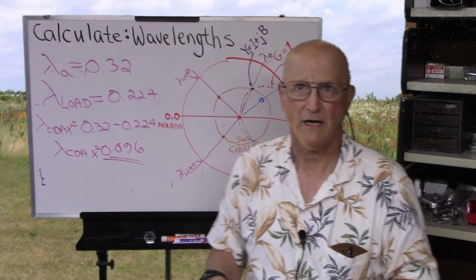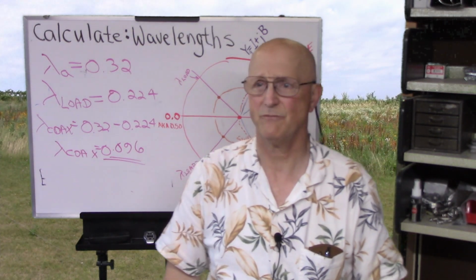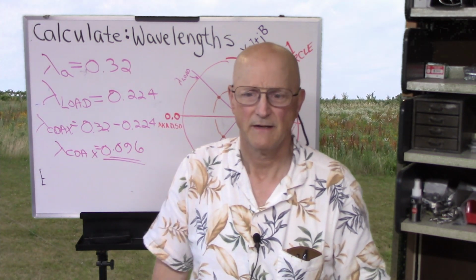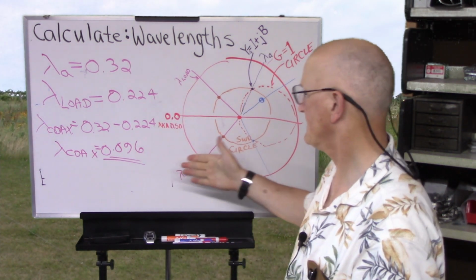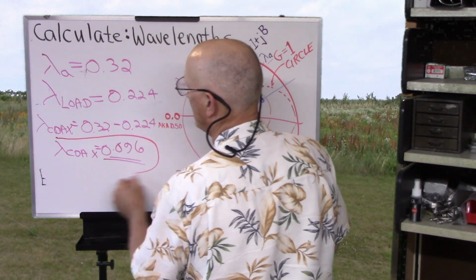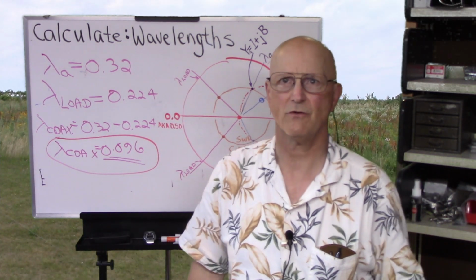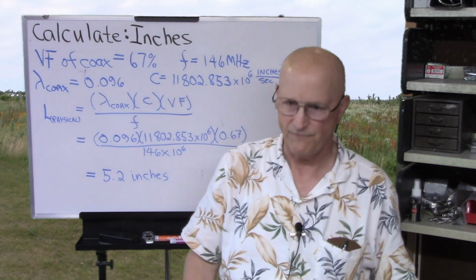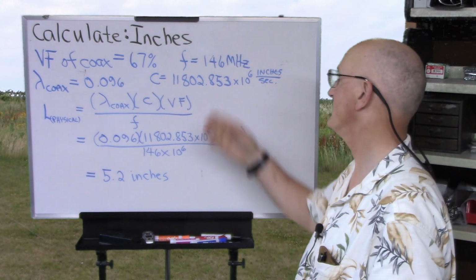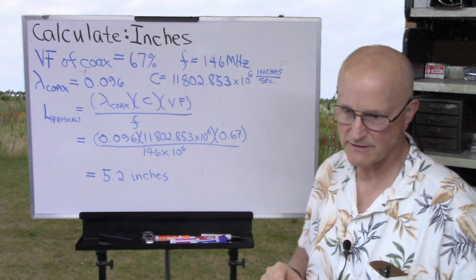Well, we have a hard time measuring coax in terms of wavelength. We need something that we can put a measuring stick to and measure. And that introduces the next thing of translating this number right here into a physical length with real physical coax. Because the physical length of a wavelength changes with the frequency of interest, we have to include the frequency in hertz.